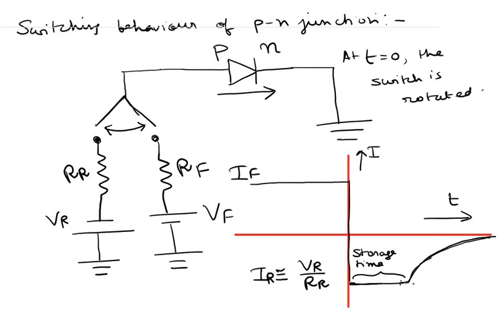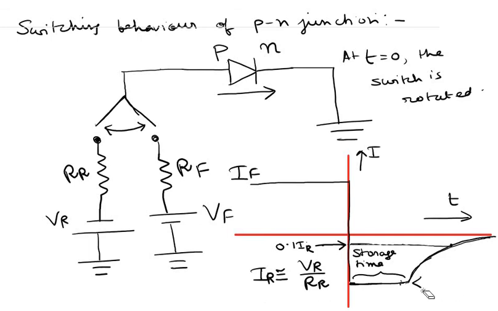The fall time starts from here up to the point at which the large reverse bias current decreases by 90%. So this value is approximately 0.1 IR, where IR is given by approximately VR divided by RR.